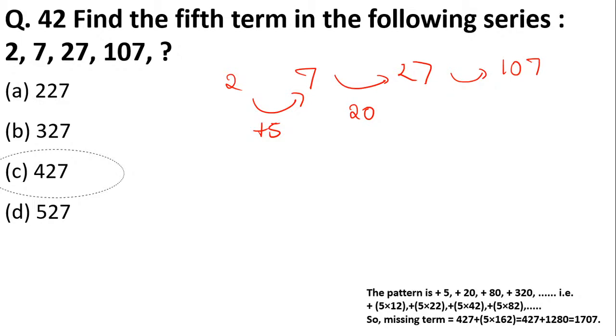Okay. So when you look at the pattern, it is not 5 into 1, it is 5 into square of 1. This is 5 into square of 2 and 5 into square of 3.